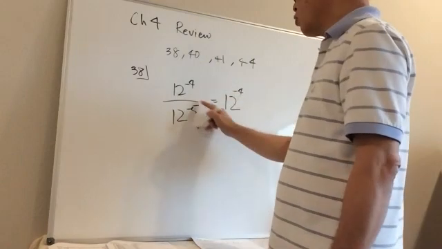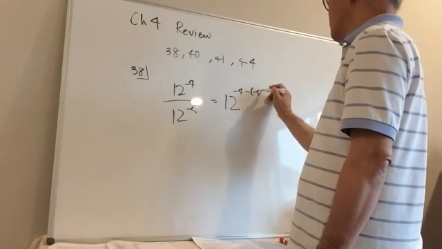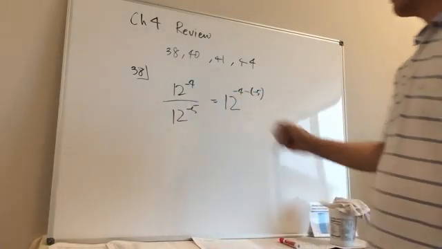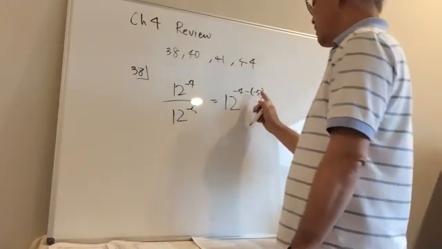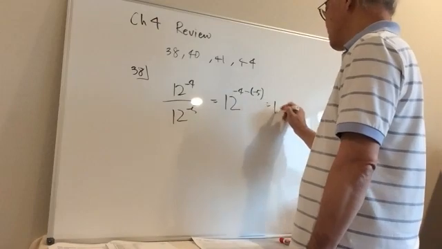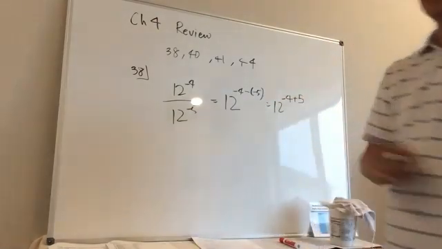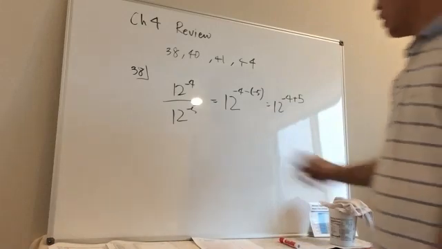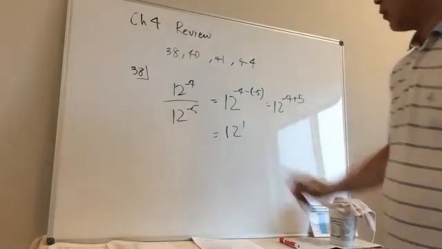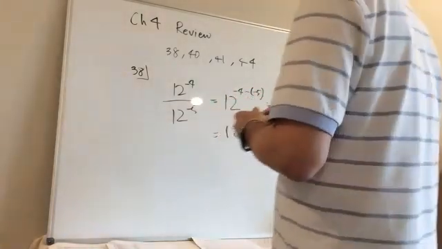Now this is a quotient, so I have to subtract this. When I subtract a negative 5, it's basically the same as adding. Negative 4 plus 5 is 1. So this is going to be equal to 12 to the 1, which is the same as just 12. Okay, so that was 38.